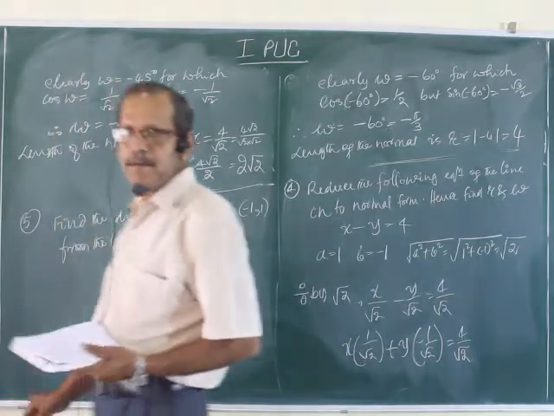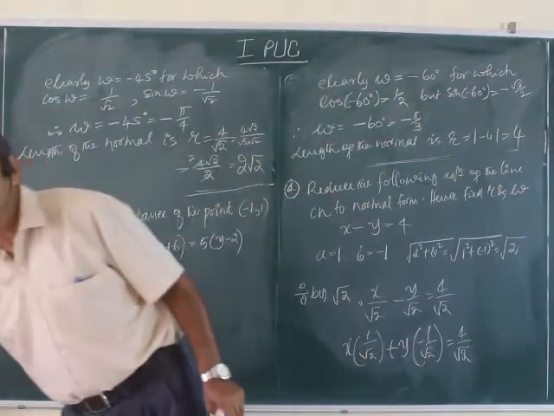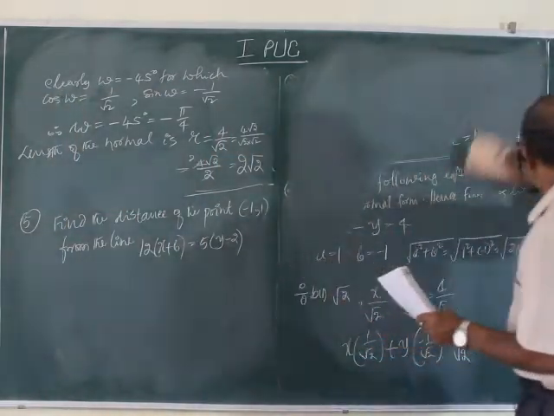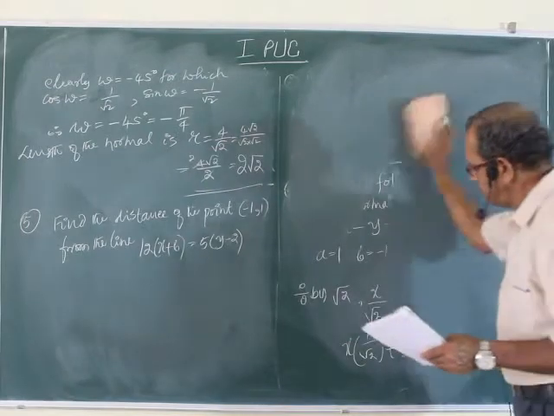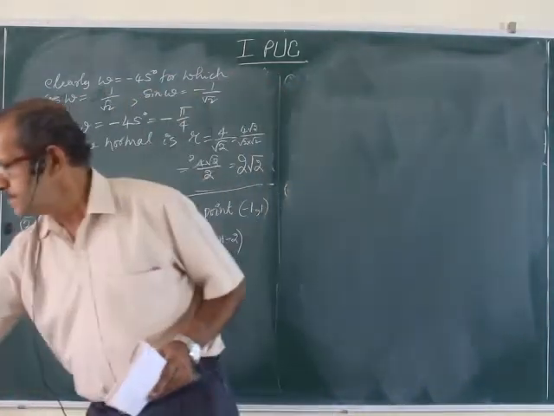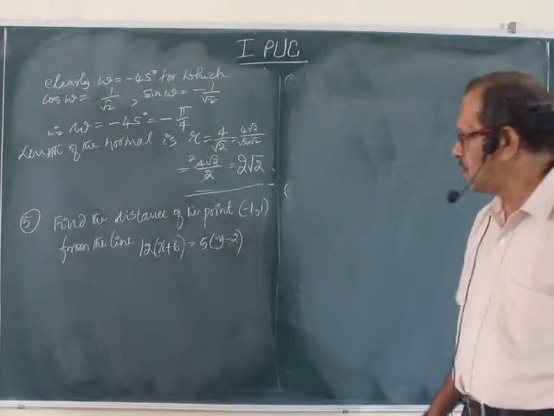Problem will be the same, but they are giving certain equations in a different form, that's all, in order to make you confused. Equation is not in the standard form, that's all.